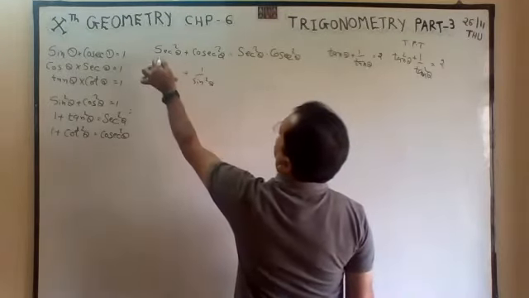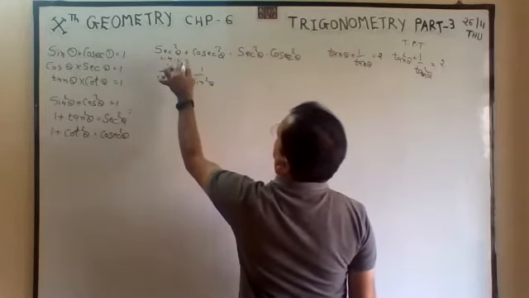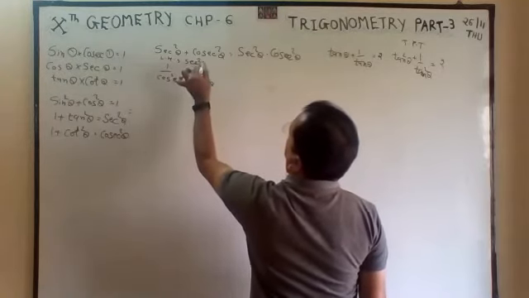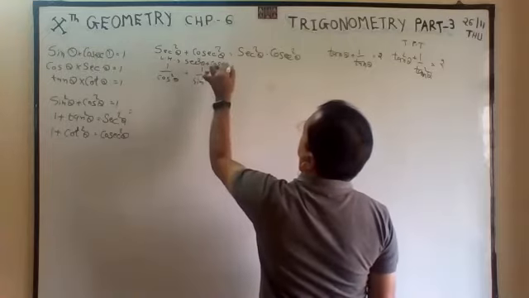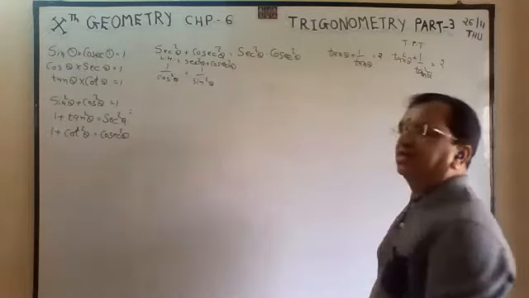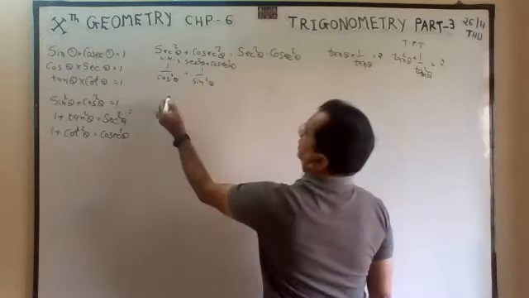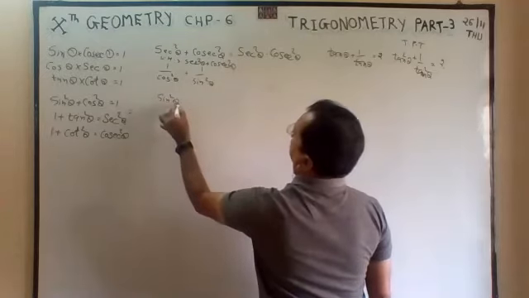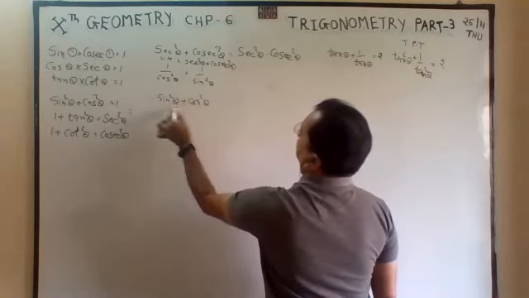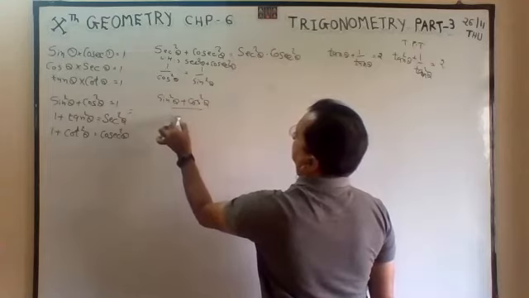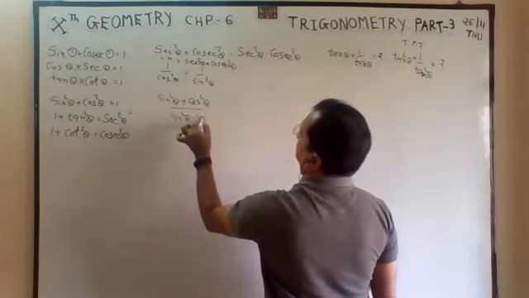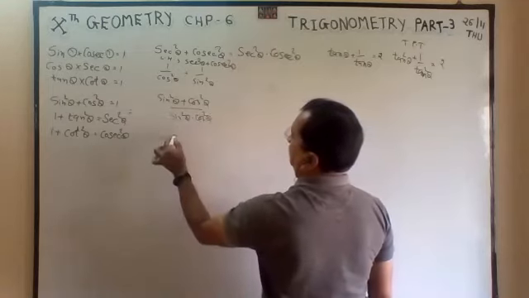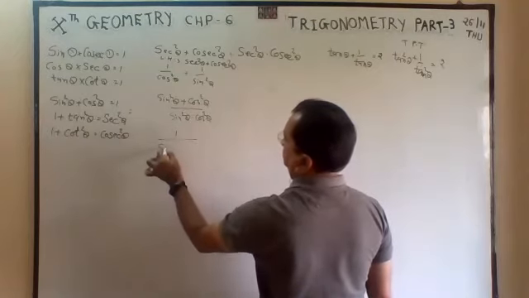So with the left hand side I have started. Correct. Now cross product. Sin square theta cos square theta by sin square theta cos square theta. Sin square theta plus cos square theta is 1.